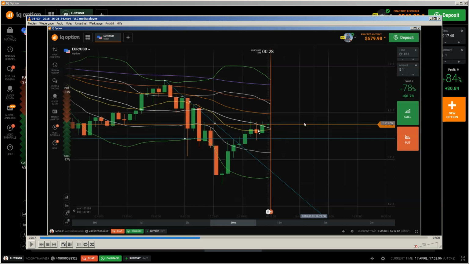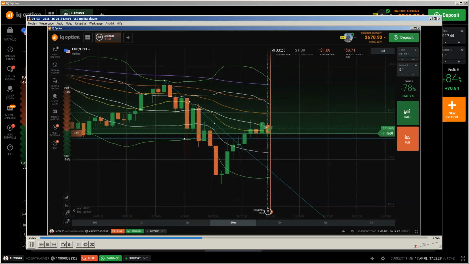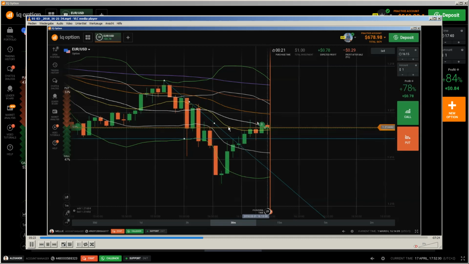The distance between this area and this one is a little bit long, so I would not recommend entering this trade immediately after a rejection. But you could do this, because we have this support area here too, which is protecting our bet. So let me see what happened. I entered here. I entered into this trade because I was pretty much sure that we are heating up.